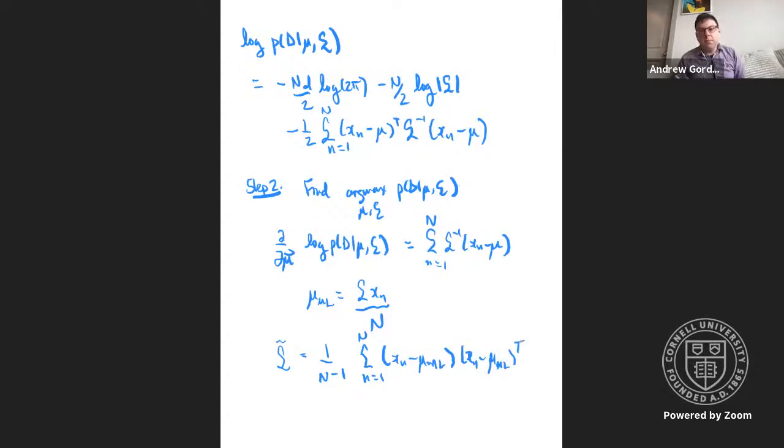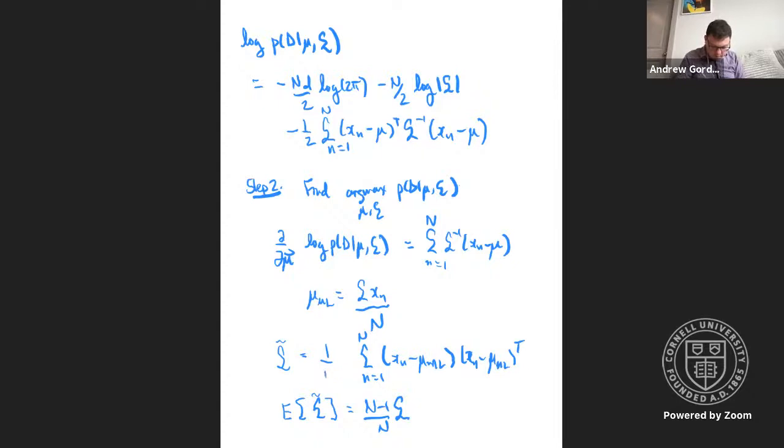Now, this is actually pretty reasonable as well. It's slightly biased in the sense that the expectation of sigma tilde here is actually going to be slightly less than the true value of sigma, but then we can just multiply this estimator if we want. Oh, sorry, I've already done that in the expression.